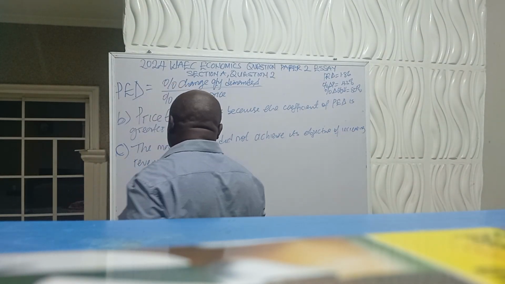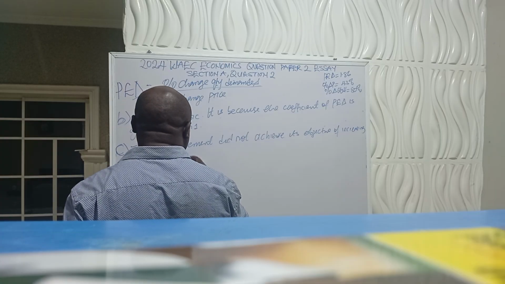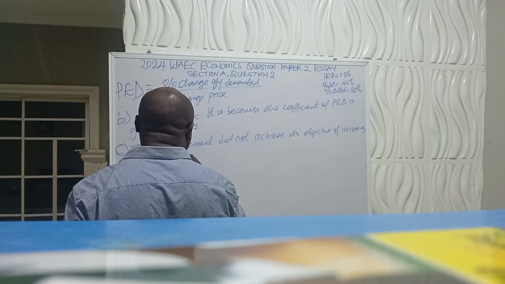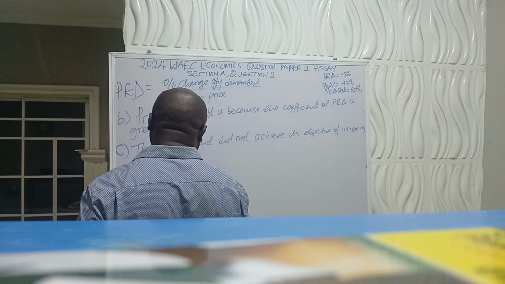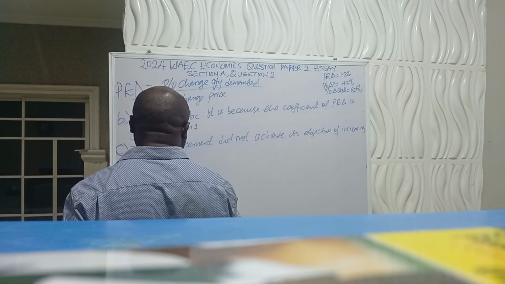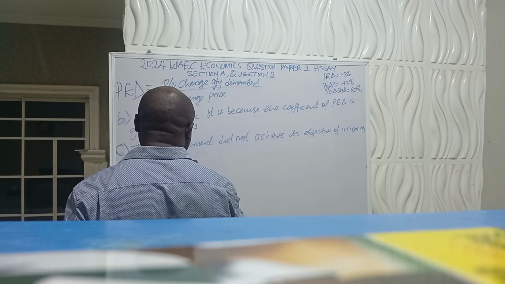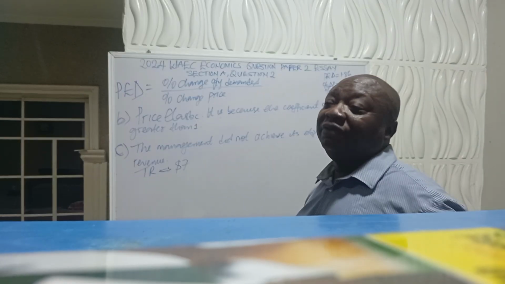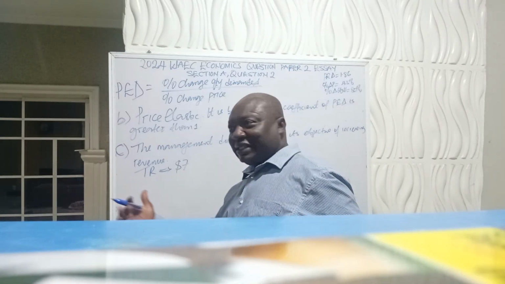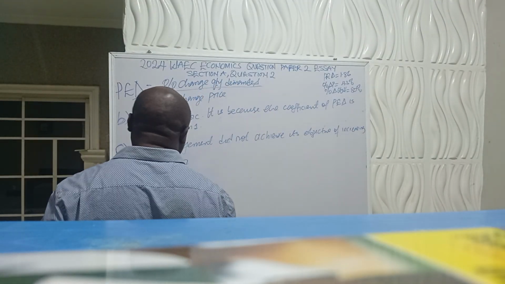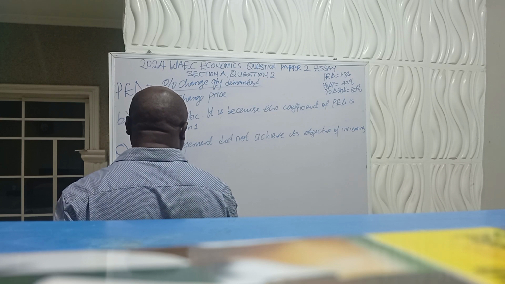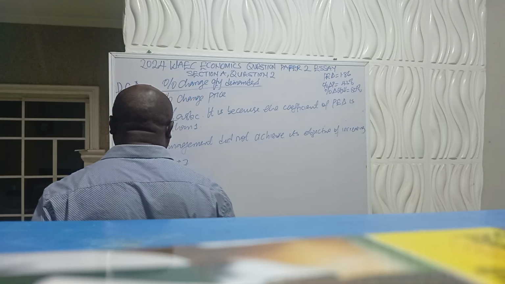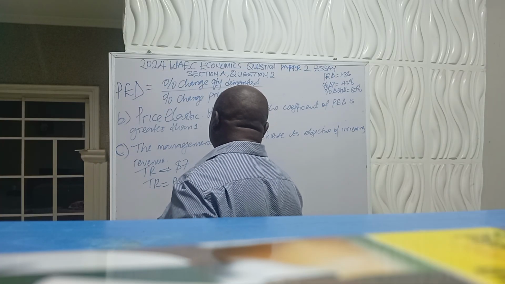The reason is this. To get total revenue, when the price was $7, let's look at total revenue. That's how you explain your points. Now, to get total revenue, normally the formula is what? Price times quantity. So, price here is $7.